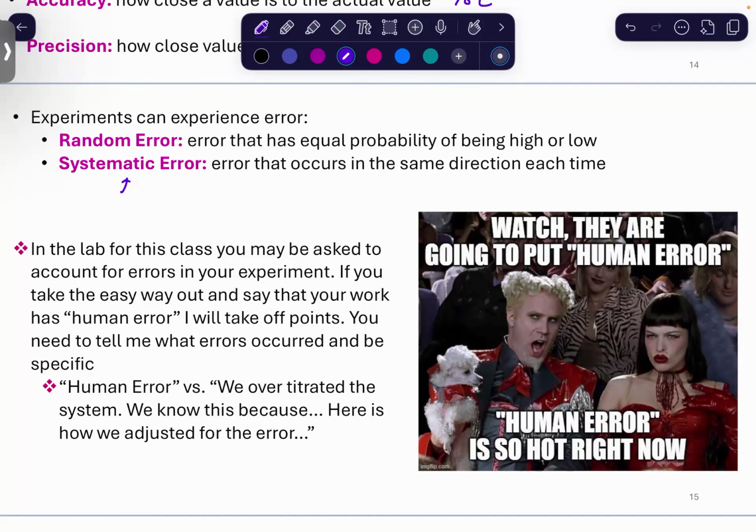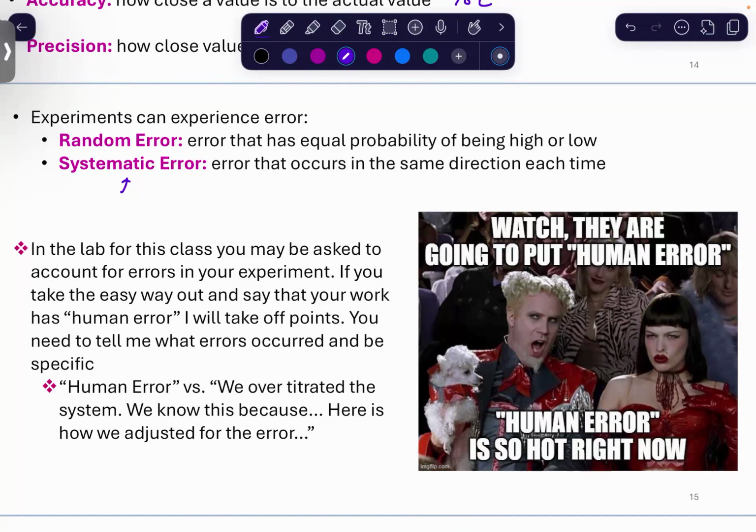Now, I want you to carry this into the lab. One thing that I've noticed people do in labs is instead of taking the time to actually analyze what happened in the lab, what kind of error they might have had, I will get labs turned in that say, oh, human error. Okay, well, that's a nice BS way of trying to get out of doing your work. So we're not going to do that. I don't want to see human error just thrown in.